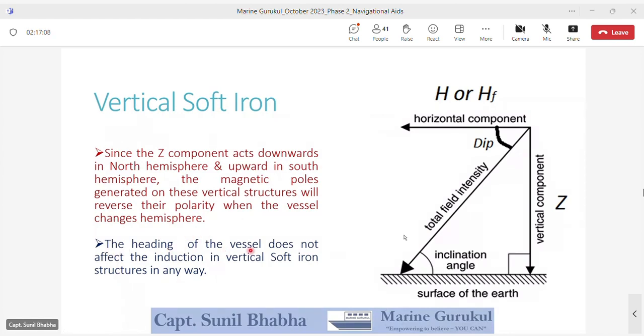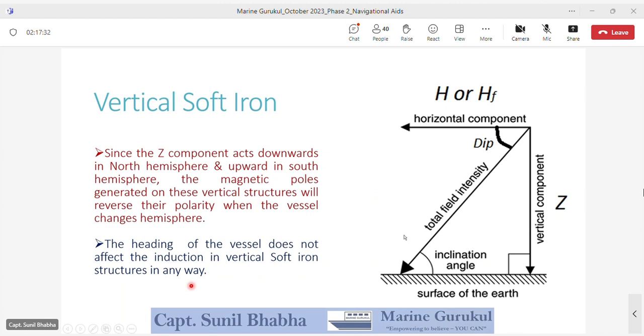The heading of the vessel does not play any role or does not affect the induction in vertical soft iron structures in any way. Now, you could be heading in any particular direction in the northern hemisphere, but the lines of force will always be going downwards, making the top end a blue pole and the bottom end a red pole.